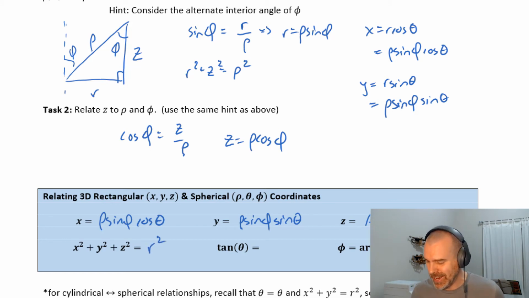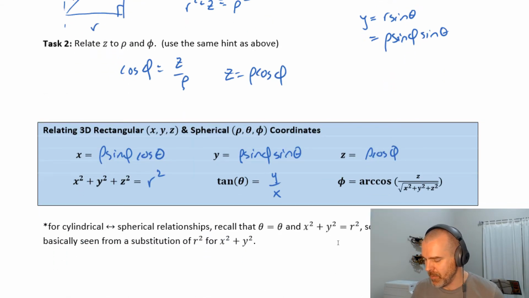And then tangent theta, that's in the xy plane, that will still be y over x. And then for phi, we'll leave that for you to investigate. You can do that similarly. You can do a little substitution and solve for the arc cosine of phi by using that same right triangle there.